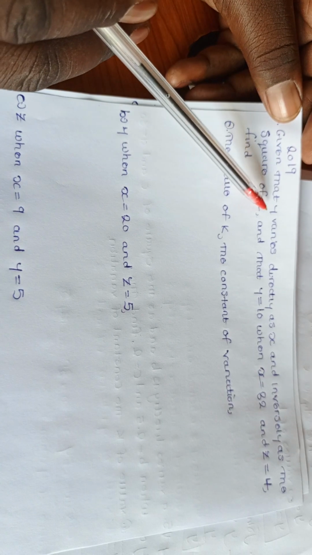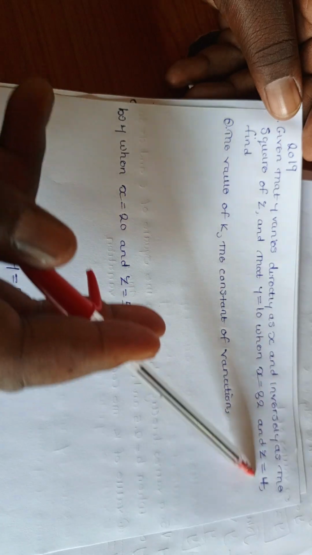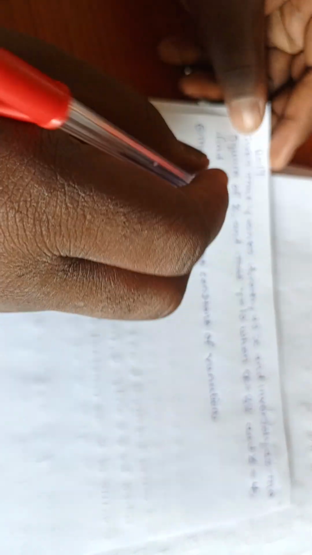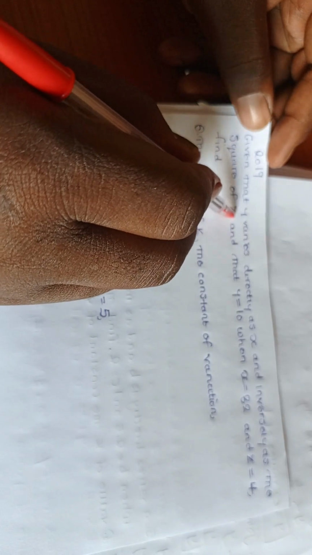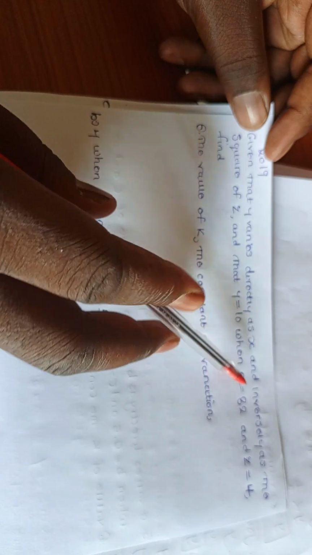Given that y varies directly as x and inversely as the square of z, and that y is equal to this when x is equal to this and z is equal to this. Find the value of k.